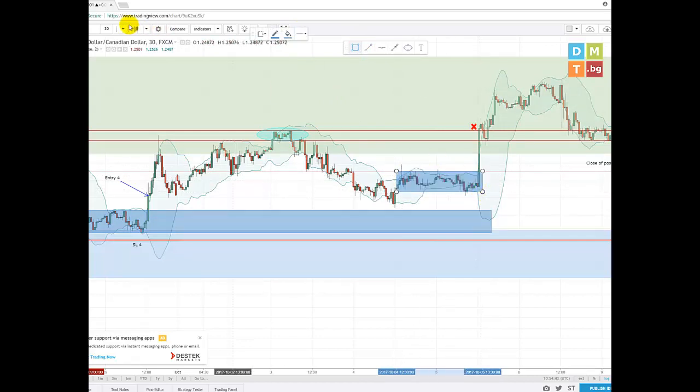Now in this case, this is the worst place you can enter, and this is again mainly for two reasons. First of all, we are already inside of the weekly resistance area, from where we expect a more long-term correction. And the other problem here is that your stop loss should be placed all the way down here.